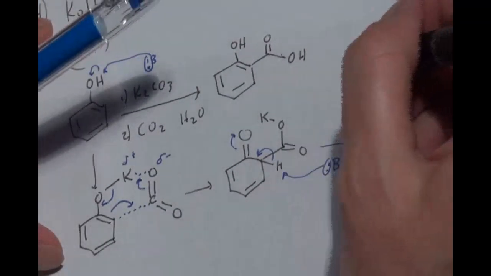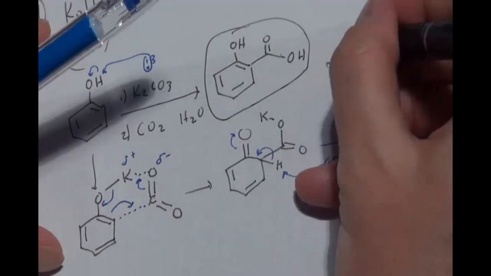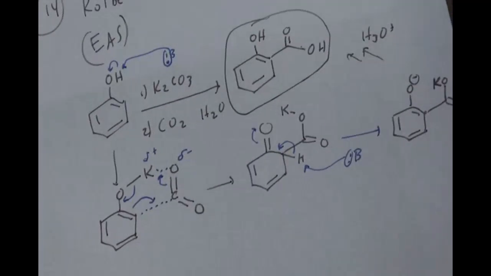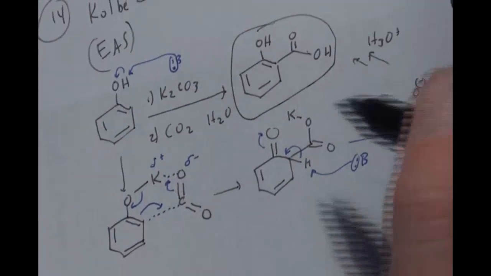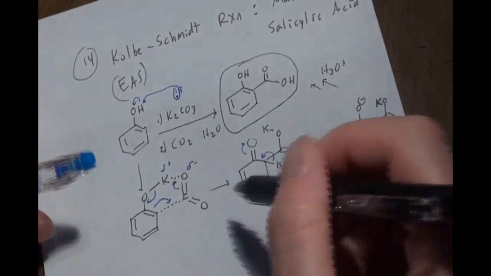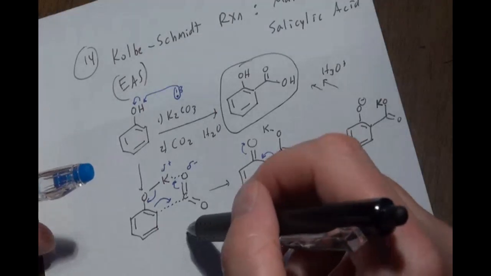And then some kind of protonation, H3O plus protonates the oxygens and gives you the product. So it's not that bad. The weirdness is maybe the first step, how it kind of sets up for the reaction. I like to get it ready for this six-member ring intermediate.